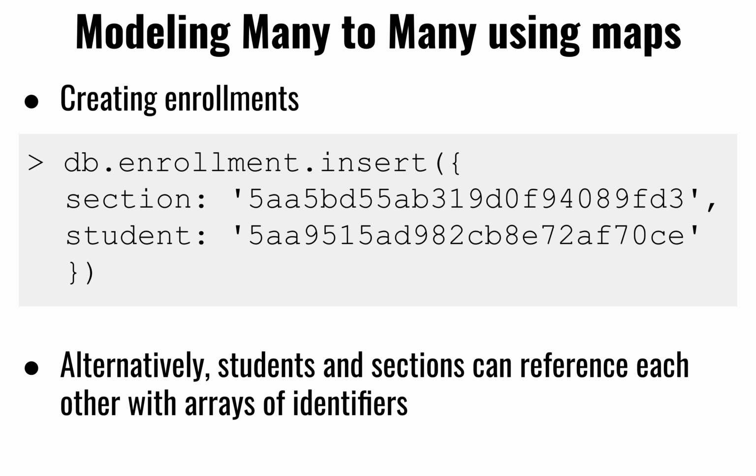Okay, so here's an example of an enrollment where we are inserting 2 IDs for section and student, and presumably these would be the unique identifiers of those records that already exist. Okay?